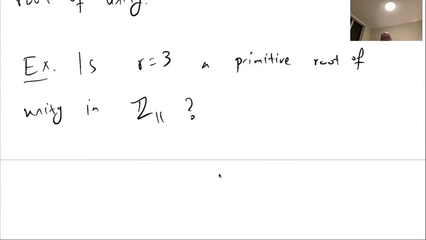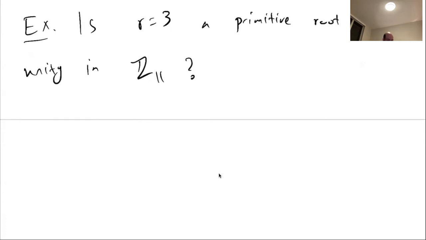So let's look at the powers of 3. If p minus 1, which in this case, p is 11, if 10 is the smallest power that 3 to power 10 is 1, then 3 is a primitive root of unity. Otherwise, it's not. So let's look at powers of 3.